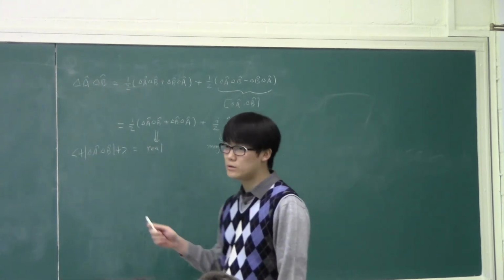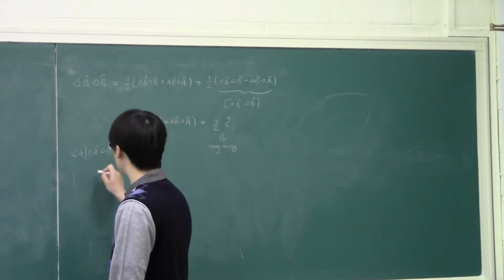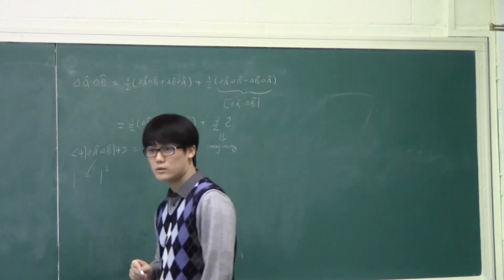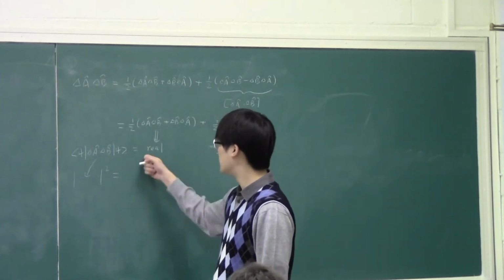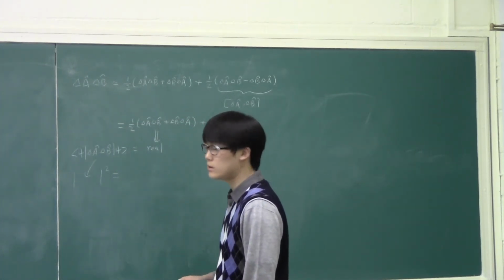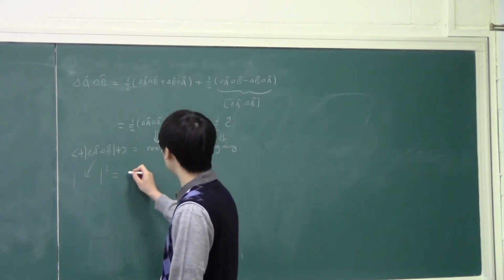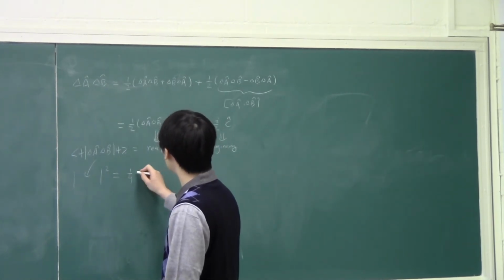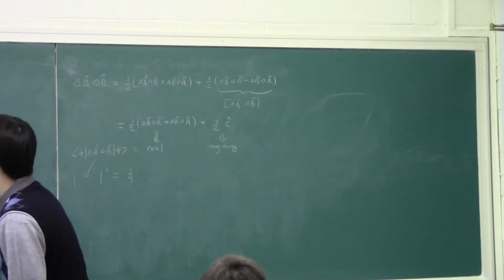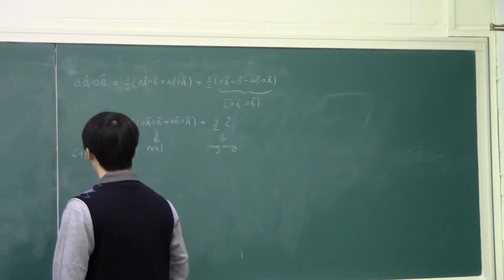Now if I were to evaluate the magnitude squared of this thing, I'm going to get just the real square plus the imaginary square. So this would be 1/4. Let me write this line out entirely.